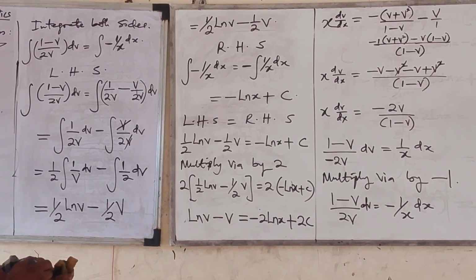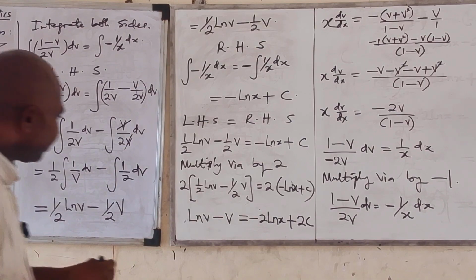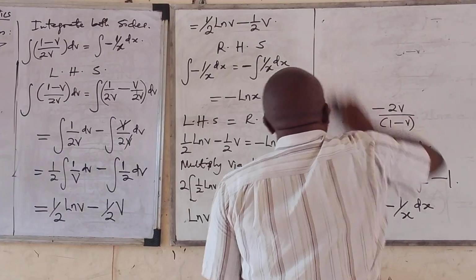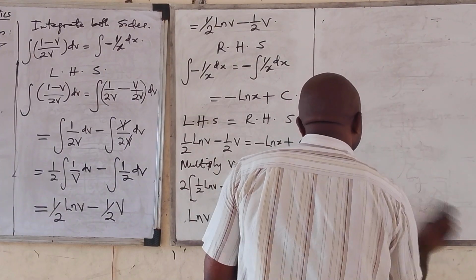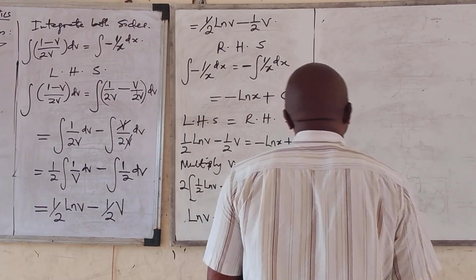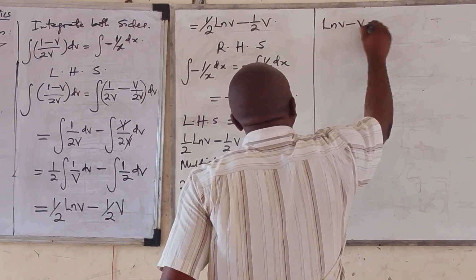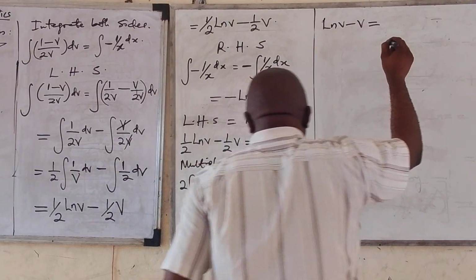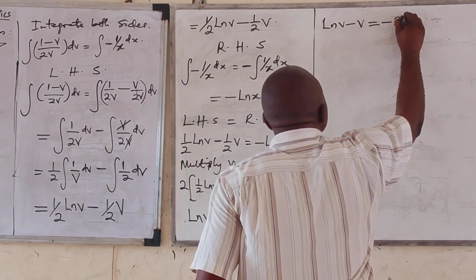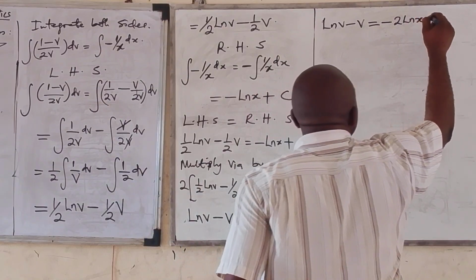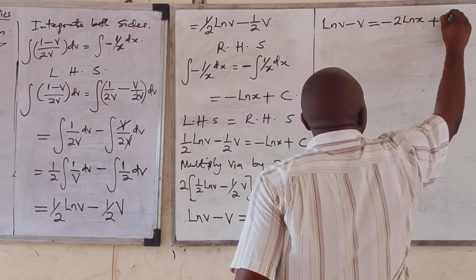Yes, plus 2c. So it therefore means that here we'll have ln v minus v is equal to minus 2 ln x, then here we have plus a.